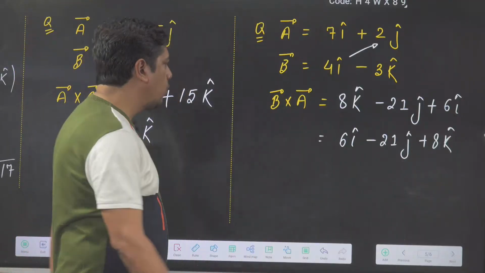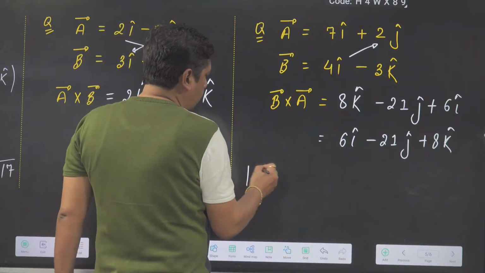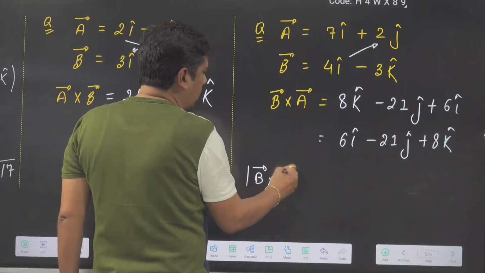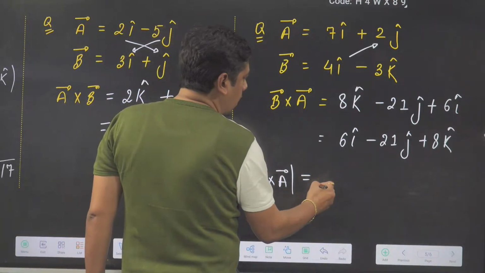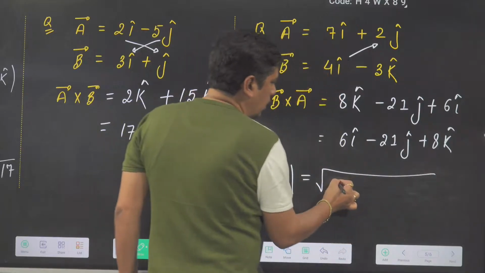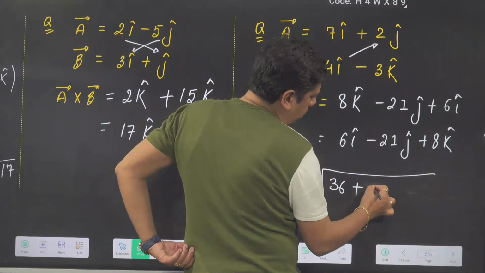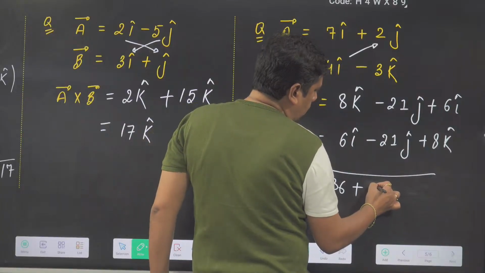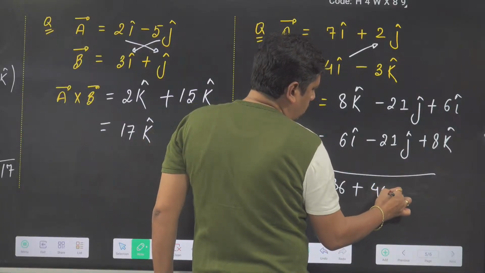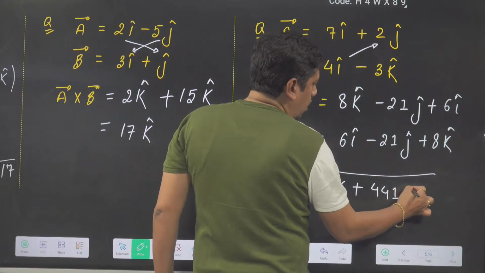If someone asks you, tell me the magnitude of B cross A or A cross B, both are the same thing. So you should say under root 6 square plus 21 square, which is 441, plus 8 square, which is 64.